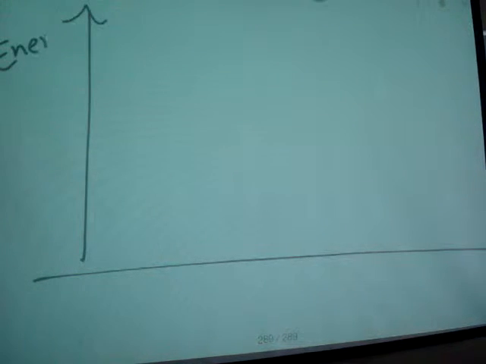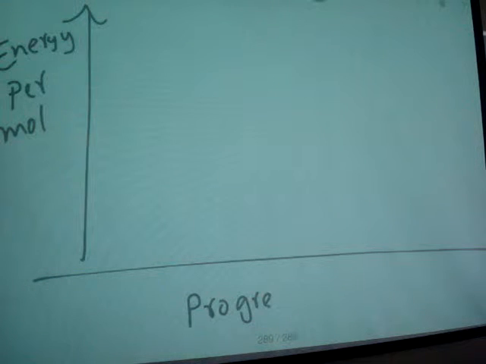Let's say I'm going to say the y-axis is energy per mole, and the x-axis is progress of reaction.